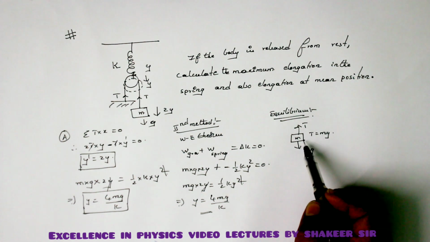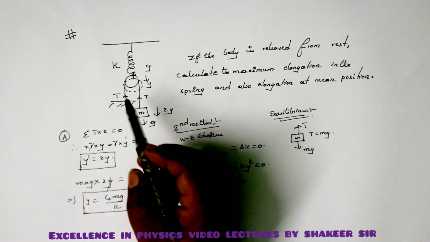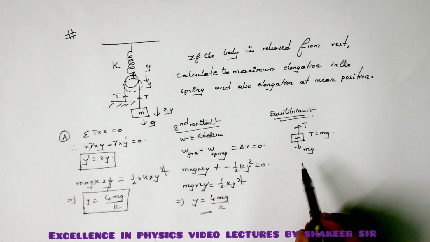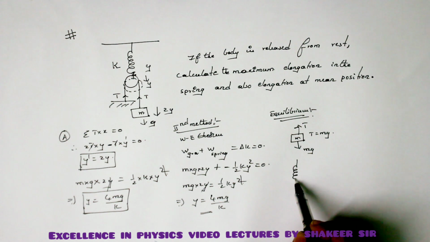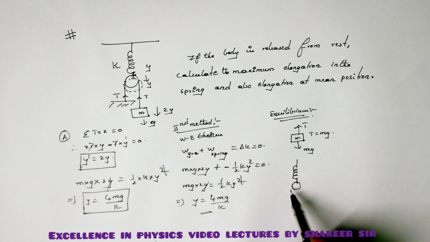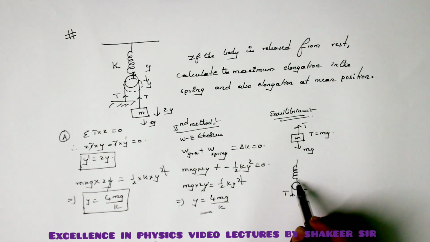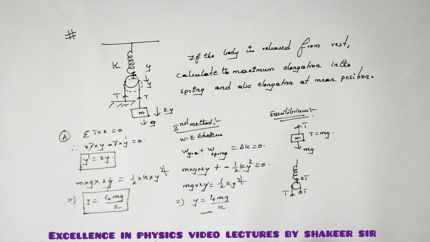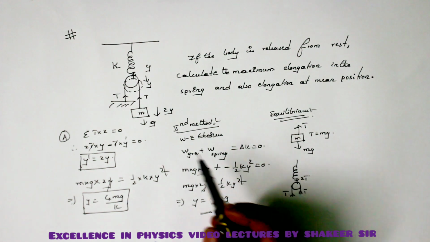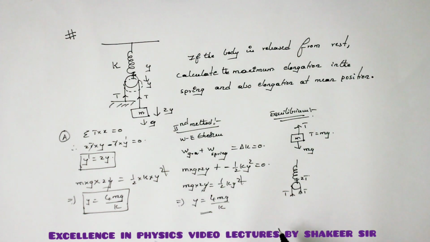So on this mass, if tension acting is T, then in the spring tension acting will be 2T, because this is the spring, this is the pulley, and this is T, and this is also T. So therefore here tension acting should be equal to 2T. And this 2T is responsible for elongation of the spring at the mean position.